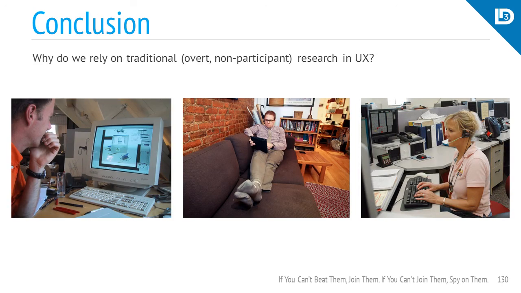So, in conclusion, why have we always relied on traditional research in user experience? I think because we were always looking at user interfaces on a desktop computer, a laptop, later mobile devices.